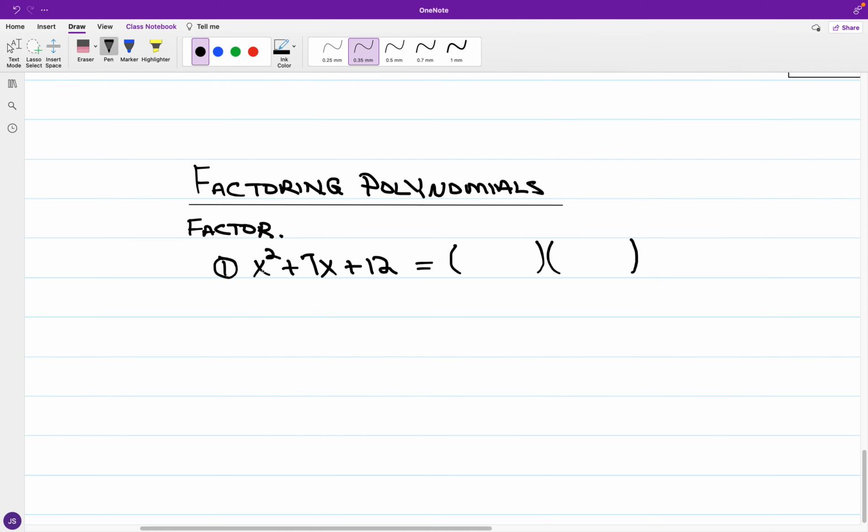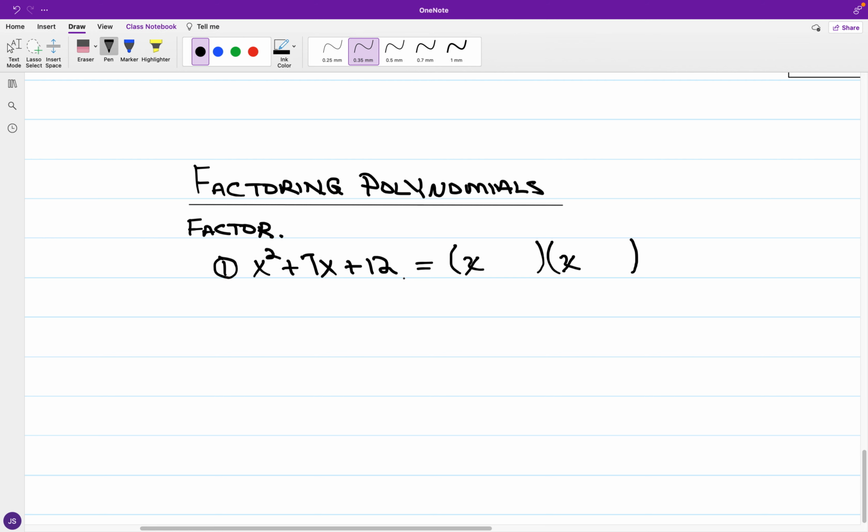Working in reverse, for x squared, the term that will be multiplying itself to get to x squared is going to be x. So x squared factors out to x and x. Now for the factors, we're going to be looking at the coefficients of the middle term as well as the last term. So we got 7 and 12.